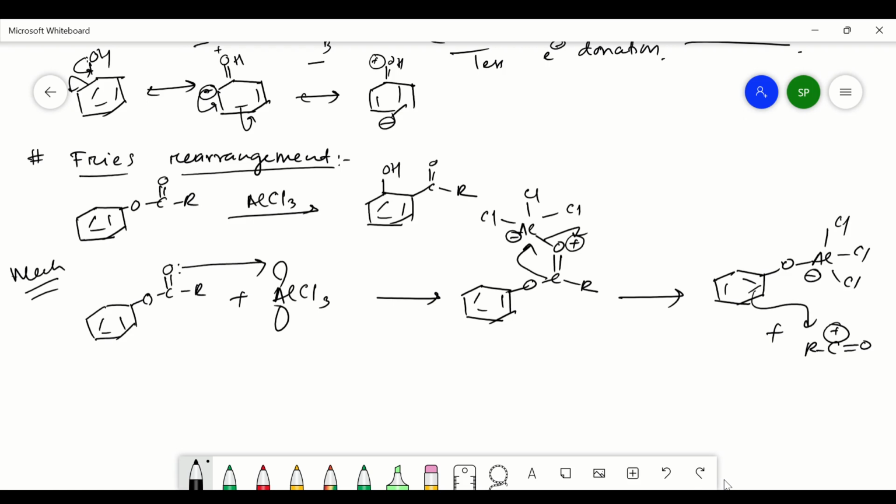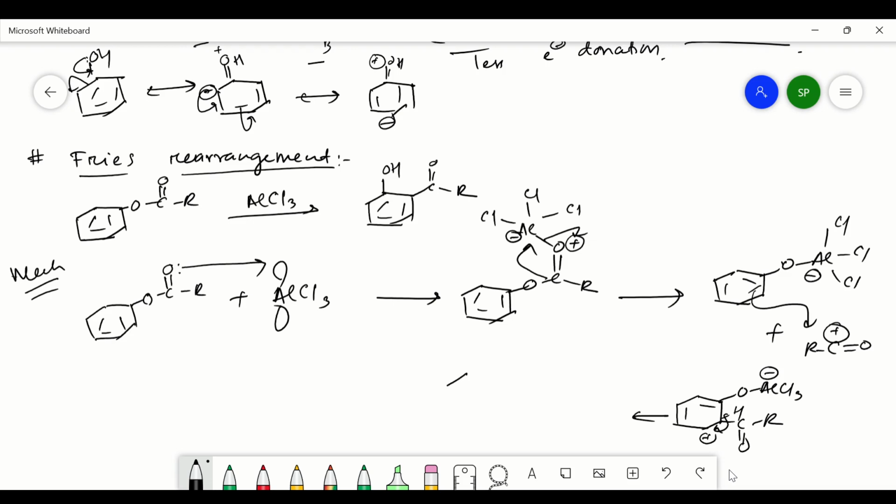The next step, aromatic attack to the electrophile. So there will be formation of C double bond O R and AlCl3 minus. Okay, and this plus, and then there will be aromatization.